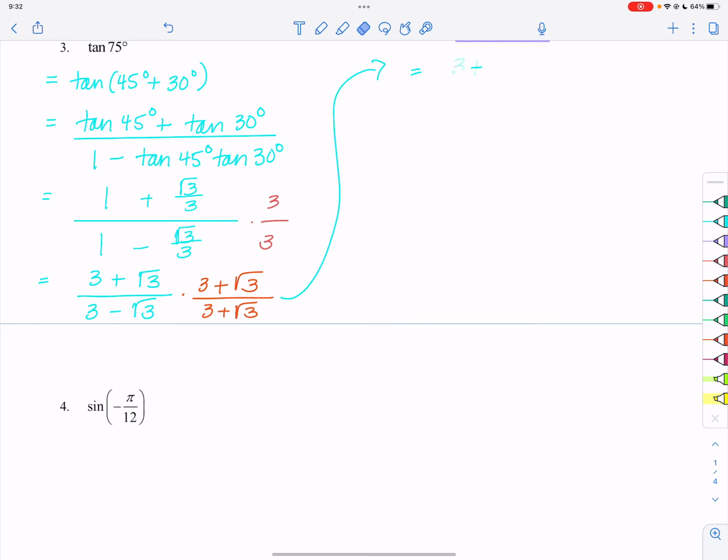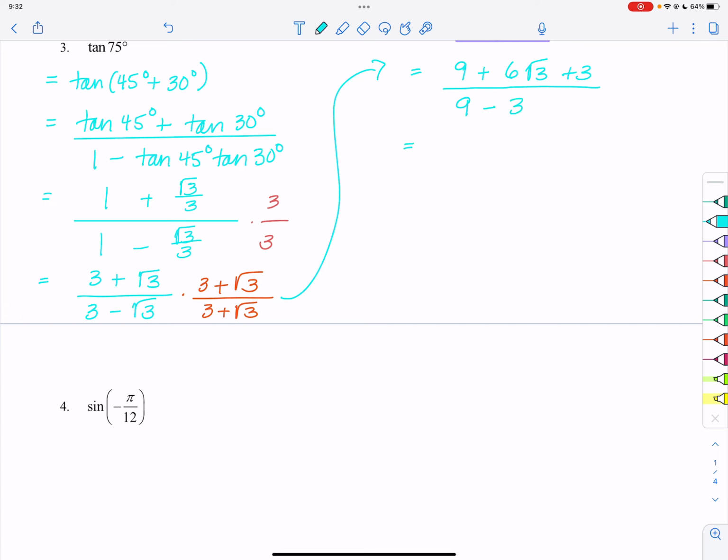Why don't we just go ahead and multiply those out? The numerator is 9 plus, and we will have 6 root 3's because we'll have 3 root 3's plus another 3 root 3's, and then we have a plus 3. And multiplying that denominator, the difference of squares is just 9 minus 3.